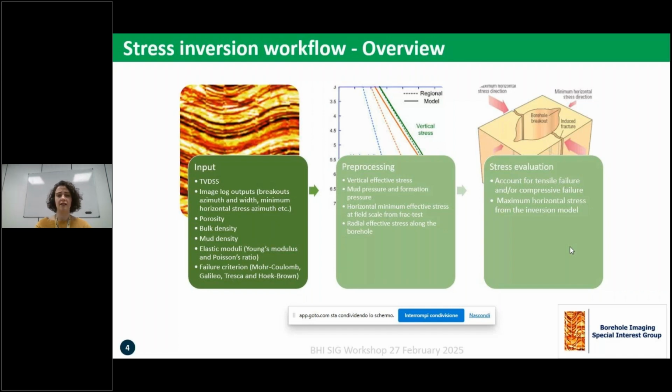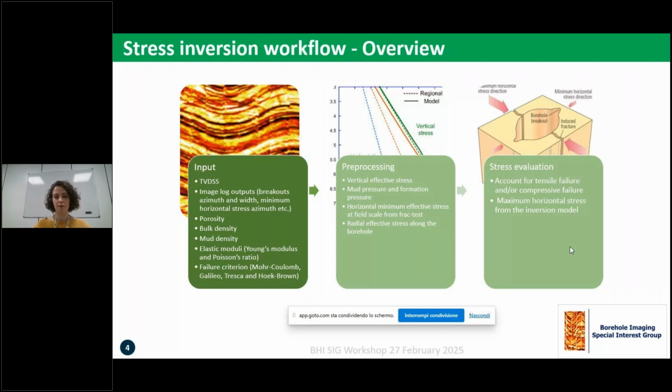Regarding the geomechanical inputs, we have the elastic moduli, which can come from both lab tests and log computation, and the failure criterion to apply to the workflow.